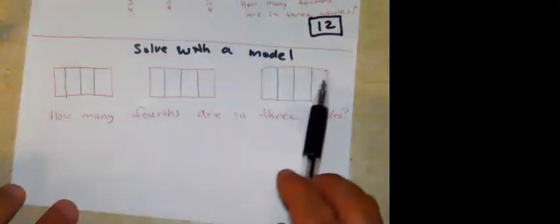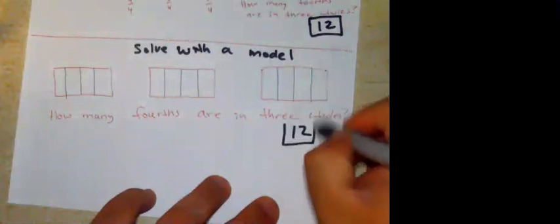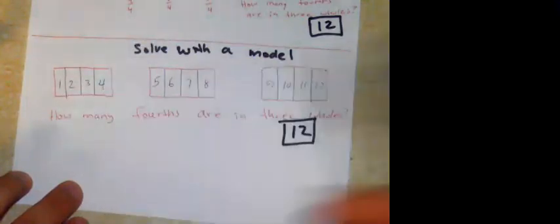And we still get 12. Let's count. 1, 2, 3, 4, 5, 6, 7, 8, 9, 10, 11, 12. As long as you have drawn 4 equal parts, it's fine.